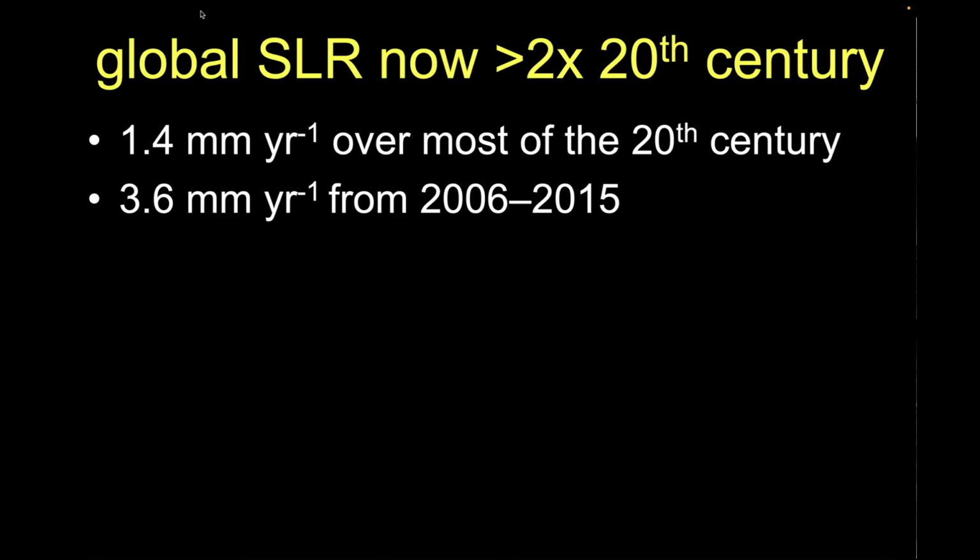So what we're experiencing now worldwide for global sea level rise is about 2 times the background rate of a generation or so ago. Over most of the 20th century, sea level rise was about 1.5 millimeters a year. And again, we have tides, where the water goes up, water goes down.